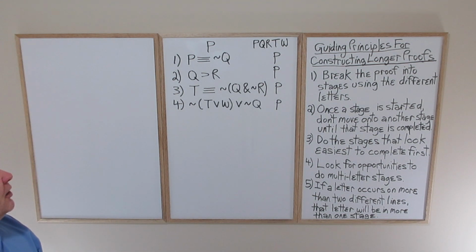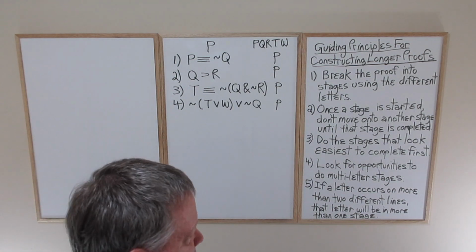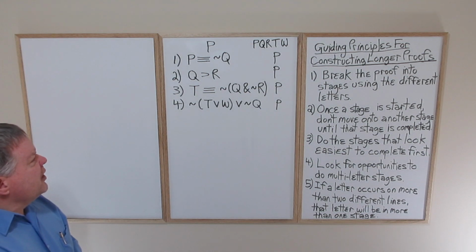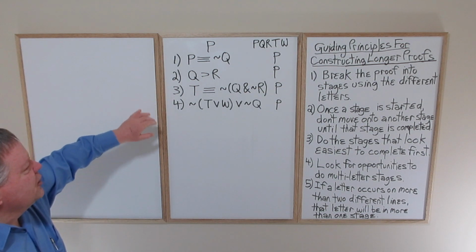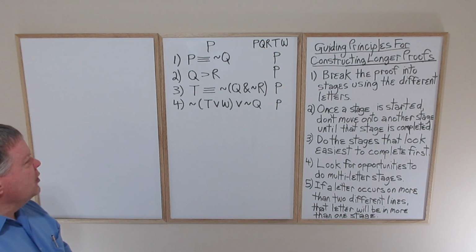There's Q-related information in every single premise. So there's definitely going to be more than one Q stage. It depends on the information we have. There may be 2 Q stages, or there may be 3 Q stages. We can figure that out as we go along.